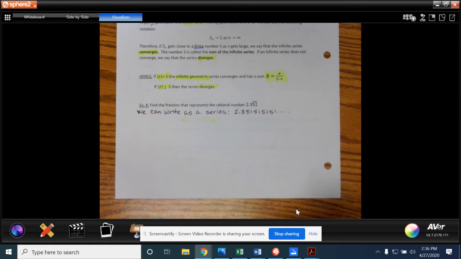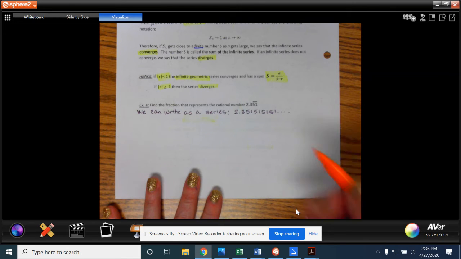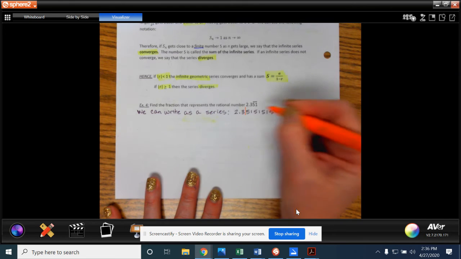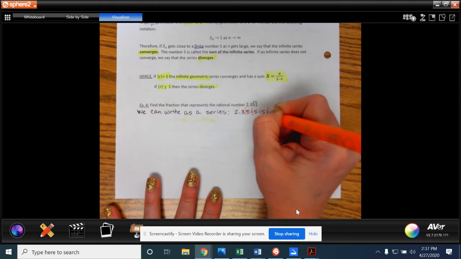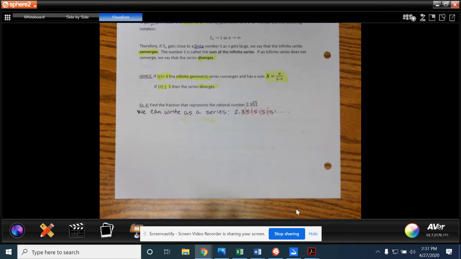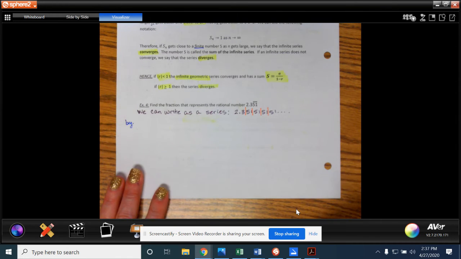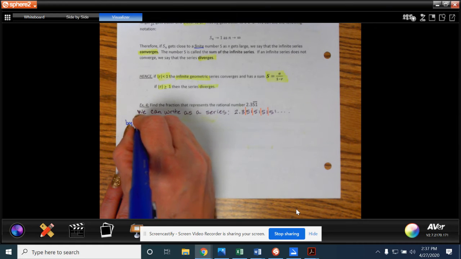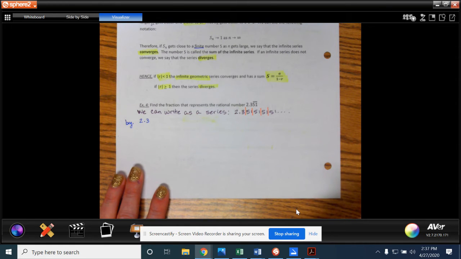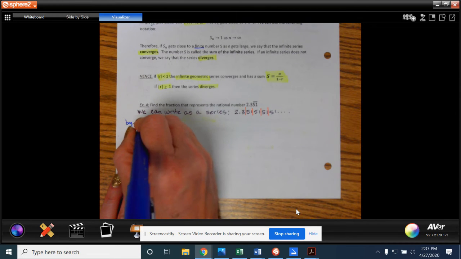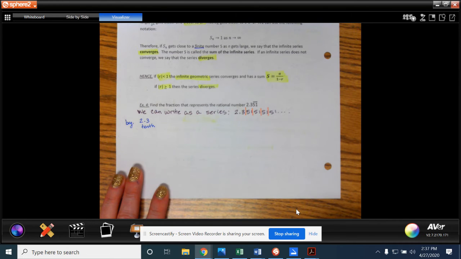We break this into two sections. You can see where it repeats. So I'm going to draw a line for every repeat and so forth. And I'm going to turn the beginning piece into a fraction. So the beginning that doesn't repeat is going to be 2.3. Well, 0.3 is in the tenths spot.